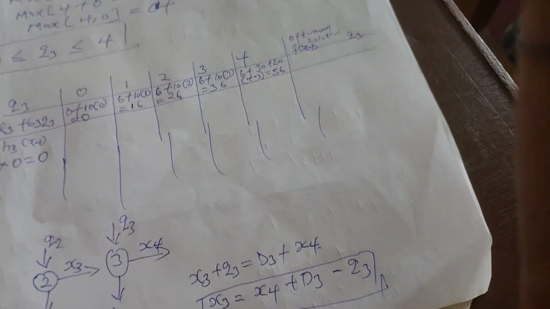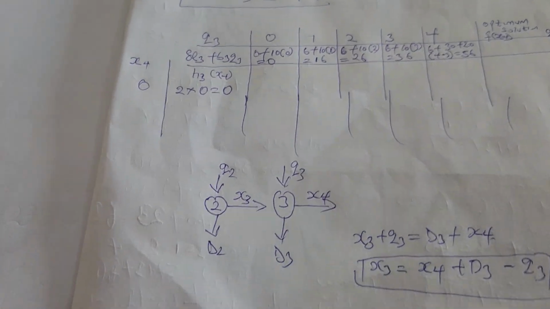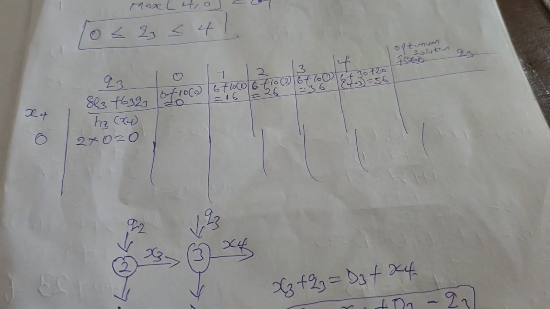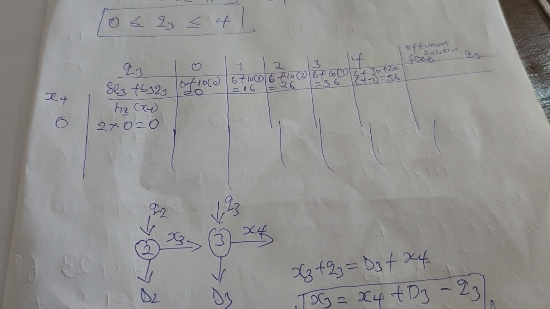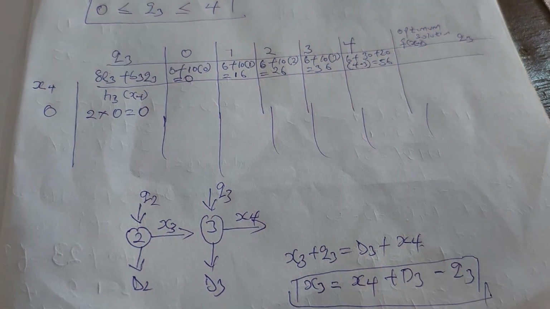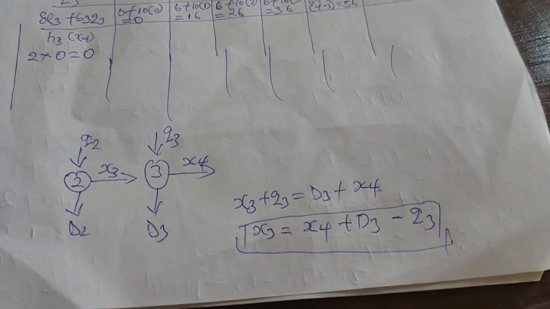The table won't take so much time because we are considering just a single inventory, that is 0, when Q4 is equal to 0.